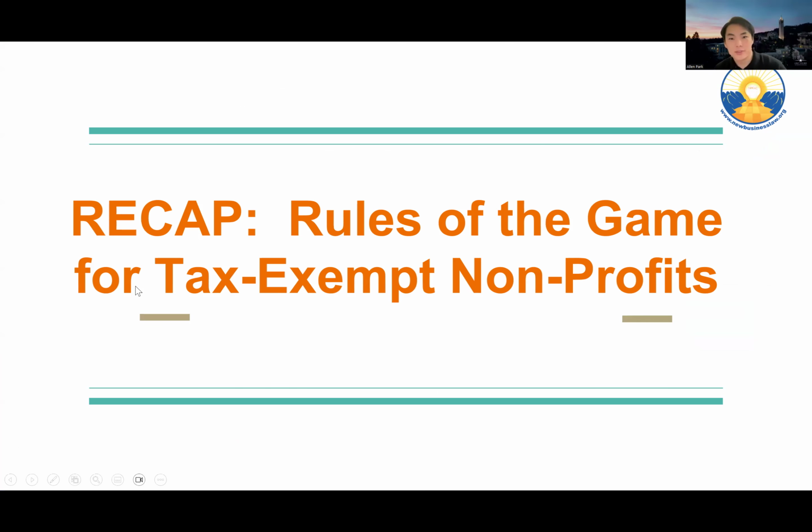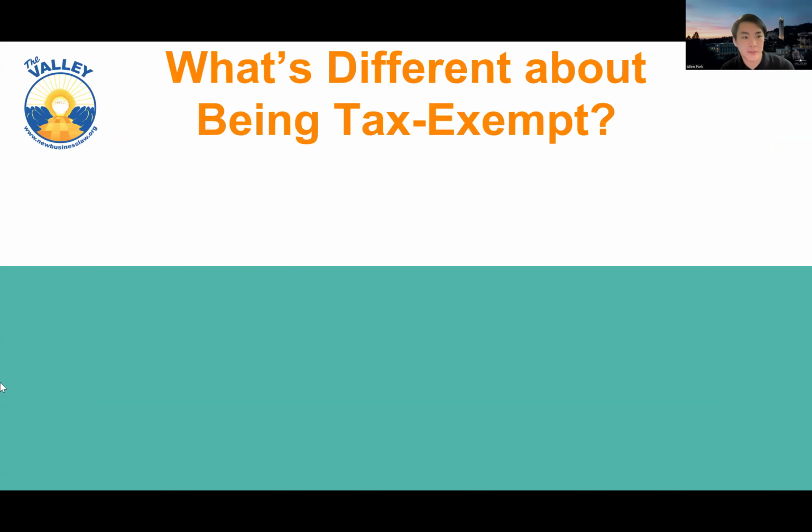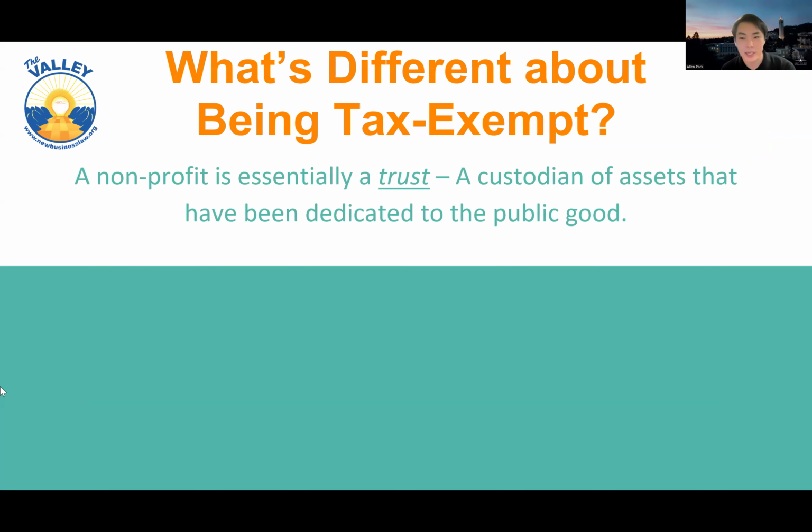Sure. So the first thing we're going to go over are the four guiding principles of a 501(c)(3) charitable organization that's tax exempt. In order for a nonprofit to be recognized by the IRS and by the state as a nonprofit that's tax exempt, they have to live by these four really core principles.